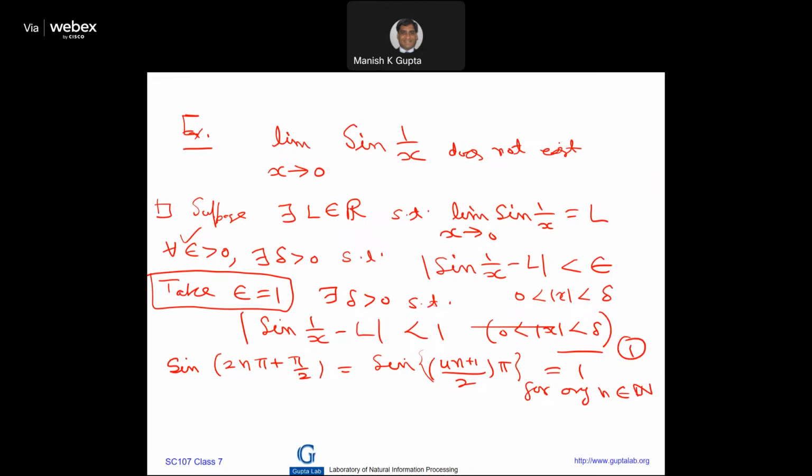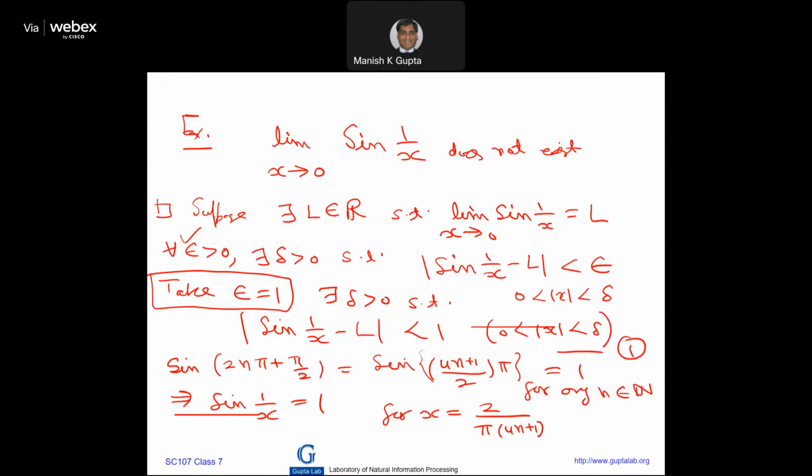So now what x should I take? This implies that sine 1 by x is equal to 1 for x equal to 2 divided by pi times (4n plus 1). For this value of x, sine 1 by x is 1.